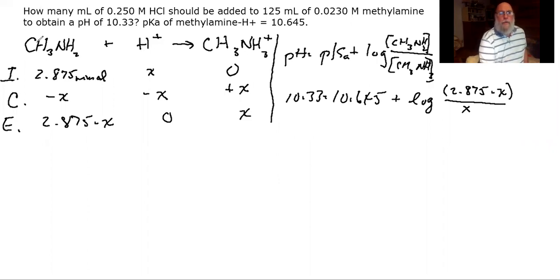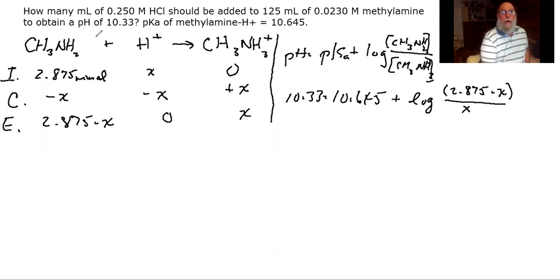Now, I could as well go get some methylamine and then go buy a bottle of methylammonium chloride and mix them up that way. But actually, it's often easier to make your methylammonium chloride by adding HCl directly, sort of a partial titration.